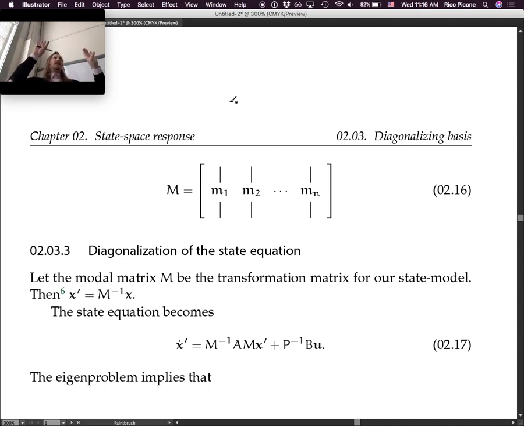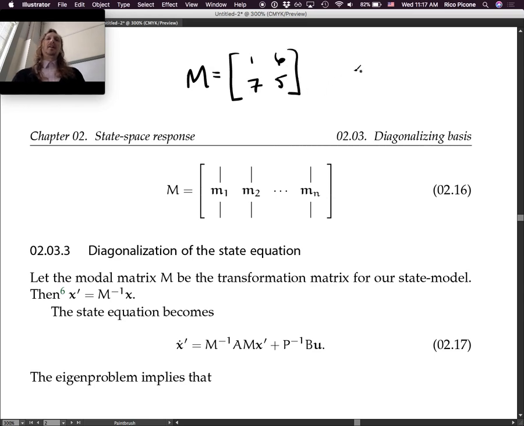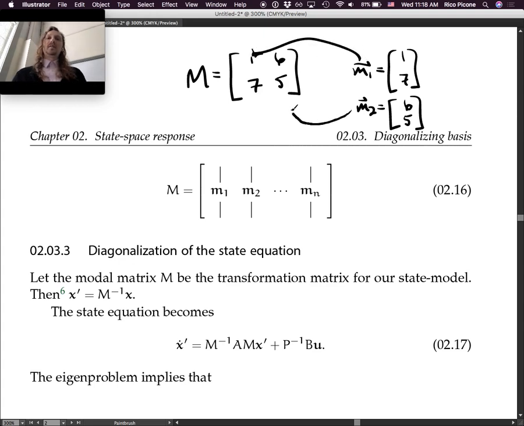We're just sticking them into a matrix. The whole column is the m1. Yeah, that's right. So if it was a 2 by 2, M might look like 1, 7, 6, 5, where m1 was 1, 7, and m2 was 6, 5. So we just took these and stuck them in there, and this is now our M matrix.